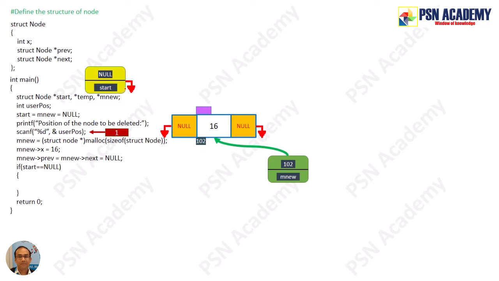So start should point to 102, isn't it? So you write start equal to mnew. Whenever you write start equal to mnew, this null pointer will be replaced with 102 and it will start pointing to 102. So the newly created node is the first node, and of course it is the only node in this doubly linked list.